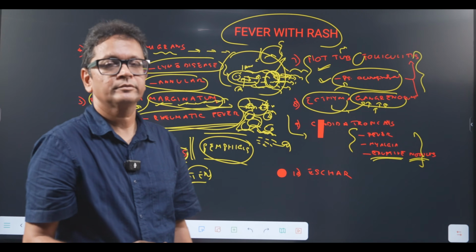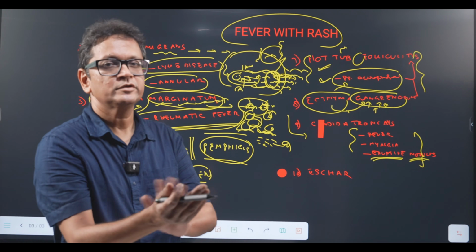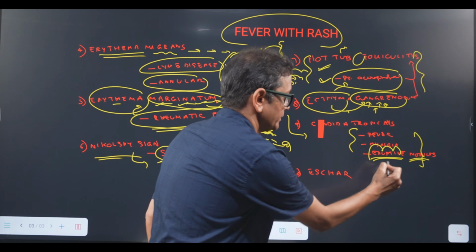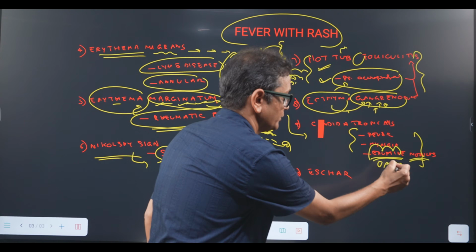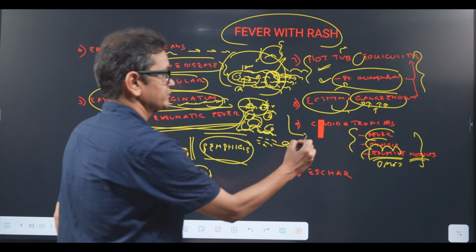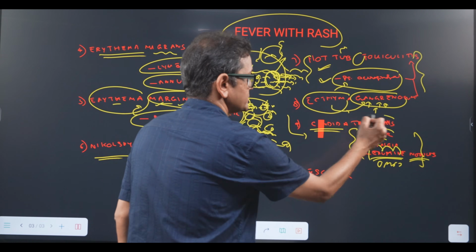What is the definition of nodule? Palpable skin lesions. If they are erupting, coming in crops within 2 or 3 days, with fever, myalgia, especially in HIV patients, we have to suspect not albicans but Candida tropicalis.